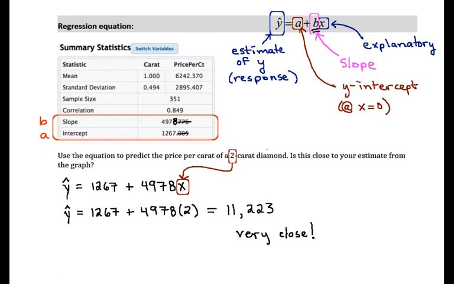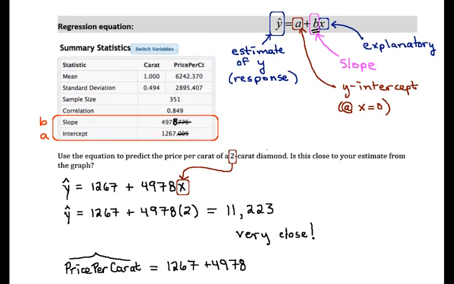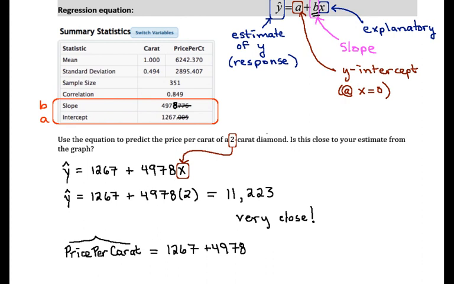Another way that you'll frequently see these regression equations written is, instead of with x and y, with the names of the response and explanatory variables. In this case, our response is price per carat, so I would just write that in as price per carat, however it would be stored in the computer, which is all squished together. And then the hat looks kind of funny because it goes over the whole thing, equals 1267 plus 4978 times the explanatory variable, which is size in carats.